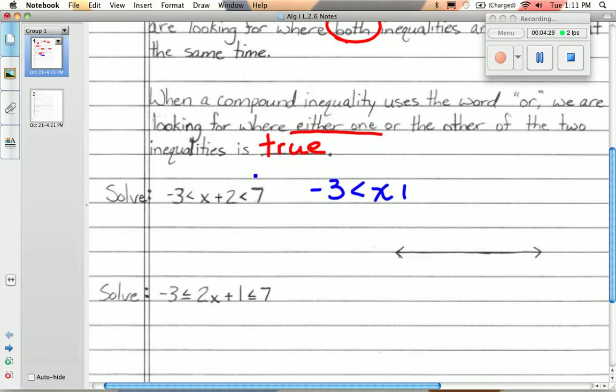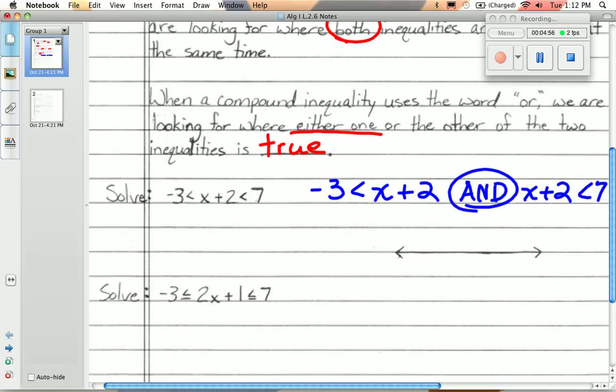So we can take the x plus 2 that's in the middle, and one of the simple inequalities says x plus 2 has to be, reading it backwards, greater than negative 3. The other simple inequality is x plus 2, same expression, but it has to be less than 7.